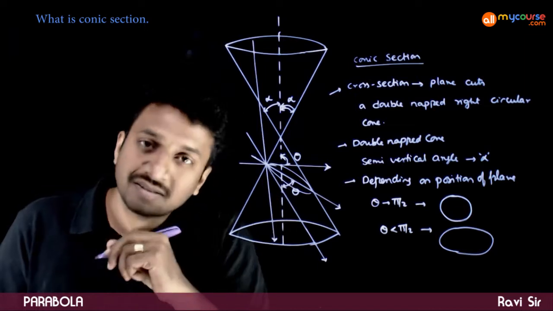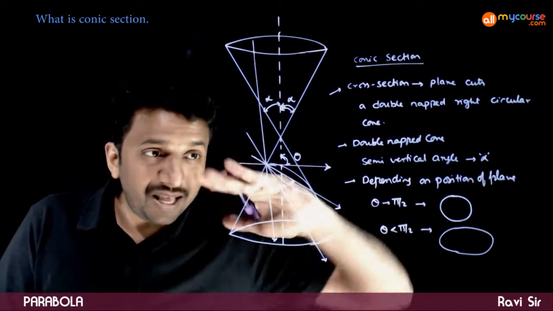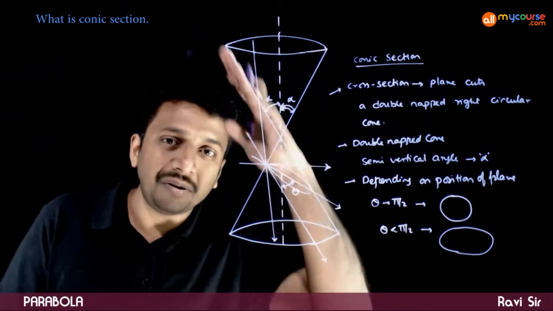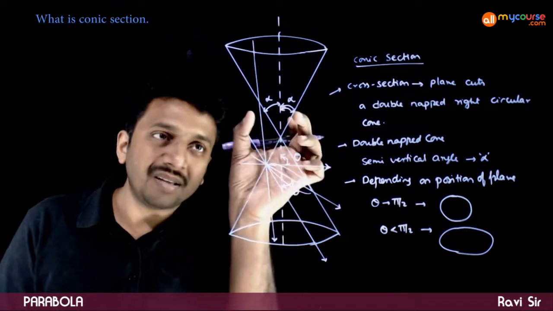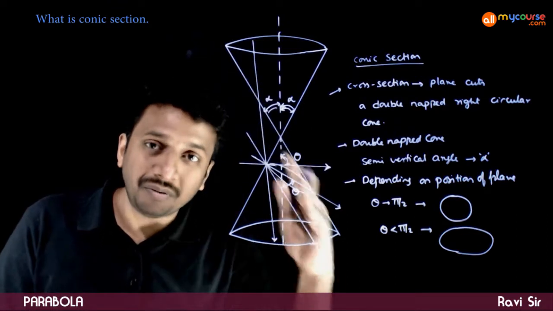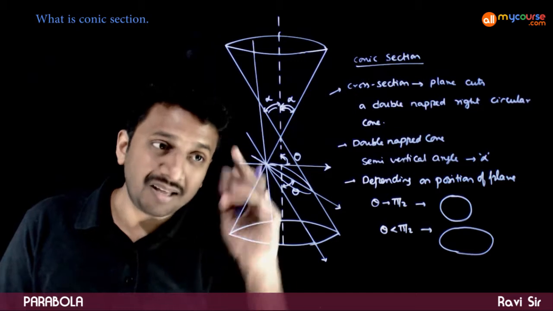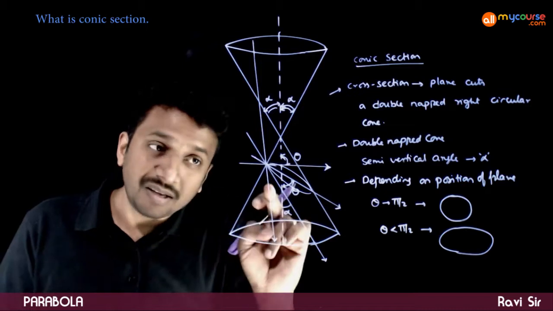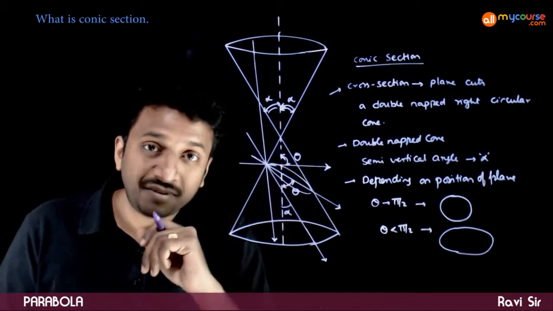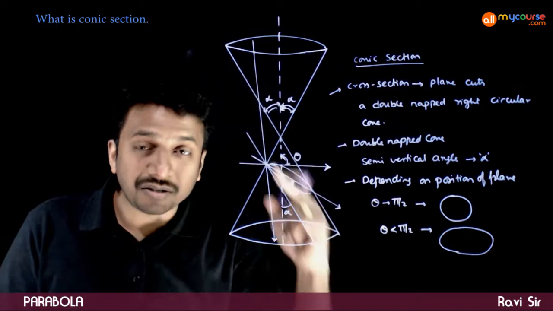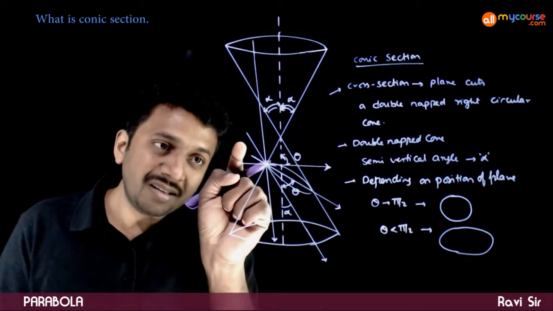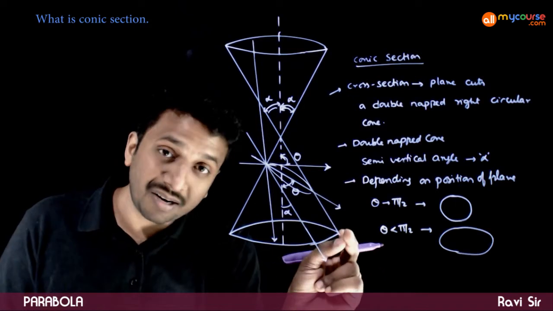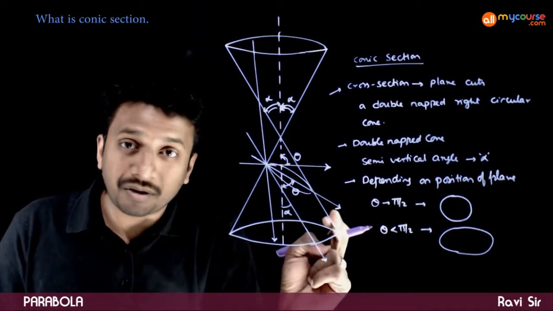But once the plane's inclination increases such that the plane becomes parallel to the edge of the cone, that is, the plane makes the same angle alpha with the axis as the edges of the cone, you can see that the cross section is open, because this plane will never cut the other side of the cone.